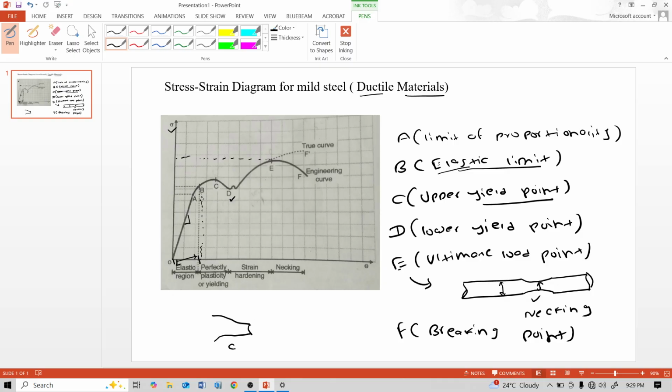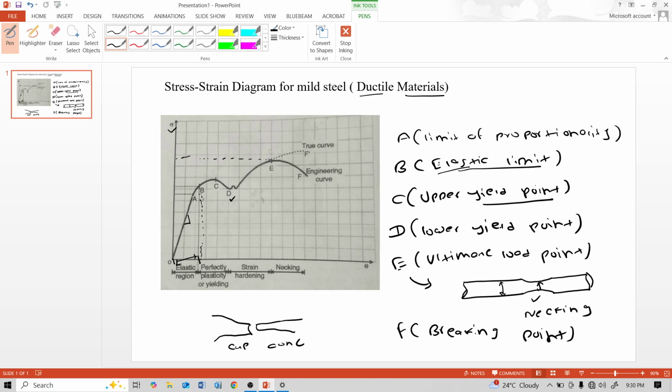Point F is called the breaking load point, and the stress corresponding to this point is the breaking stress, or rupture or breaking strength of the material. At this stress, strain is 20 to 25.